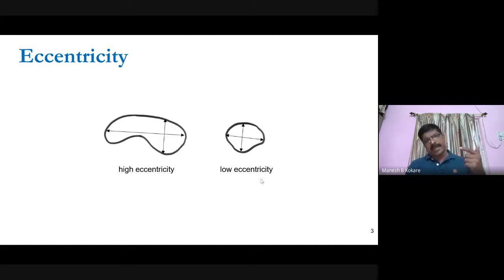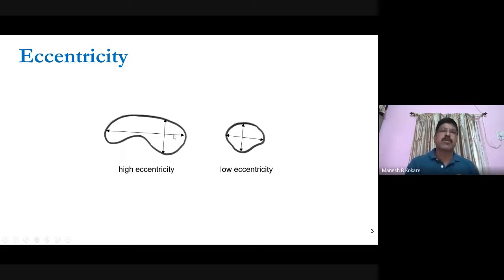Now, second thing: can we think whether this eccentricity is rotation invariant? I think it is. Even if your object is rotated, the eccentricity value will not change. Is it translation invariant?